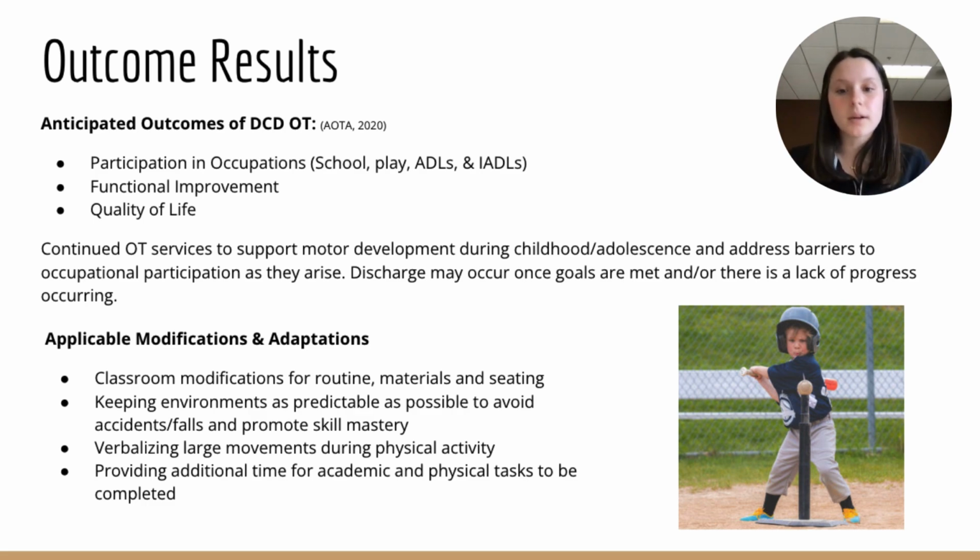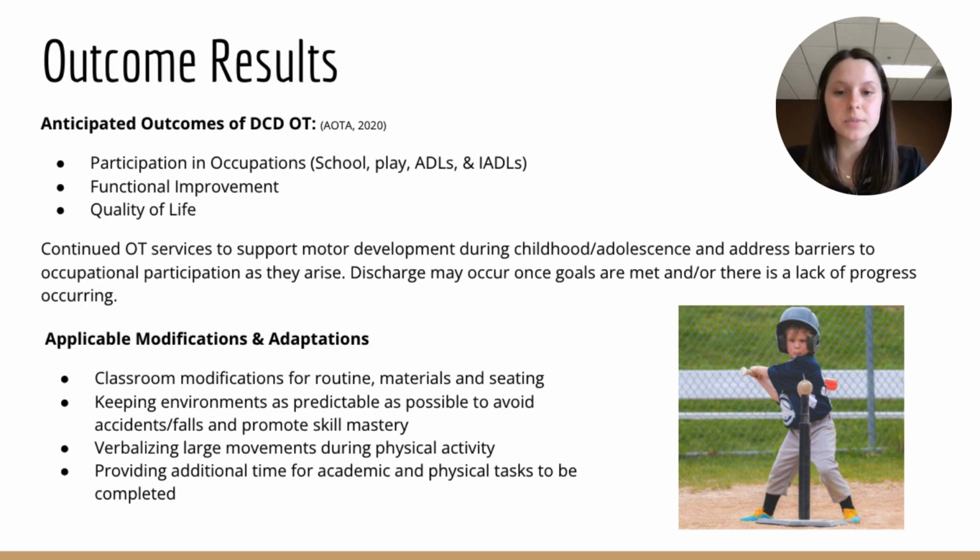So for applicable modifications and adaptations you may use in activities and occupations for this population, some examples are classroom modifications. So you could change routines for the child, maybe changing their passing time so they're not having to ambulate and use functional mobility in the hallway when it's as busy with all their other peers and they're likely to fall.